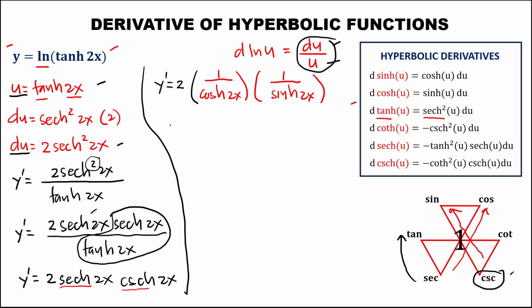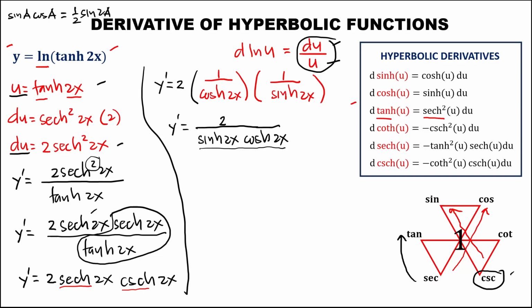Then to simplify, y prime equals 2 over the hyperbolic sine 2x times the hyperbolic cosine 2x. Then from this denominator, we can use this identity that sine A cosine A is equal to 1/2 sine 2A.